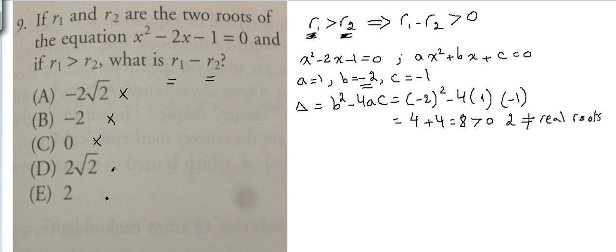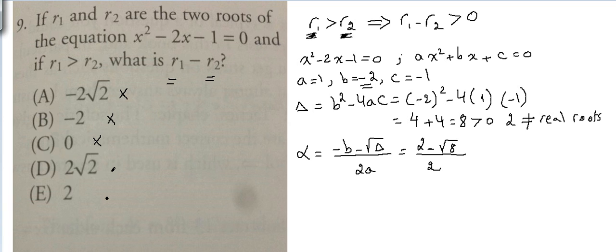All right? Let's find the roots. Alpha is the first root. By rule, it's given by minus b minus radical delta over 2a. And b is -2, so minus b is 2, minus radical delta, which is radical 8, over 2a, 2 times 1, which is equal to 2.